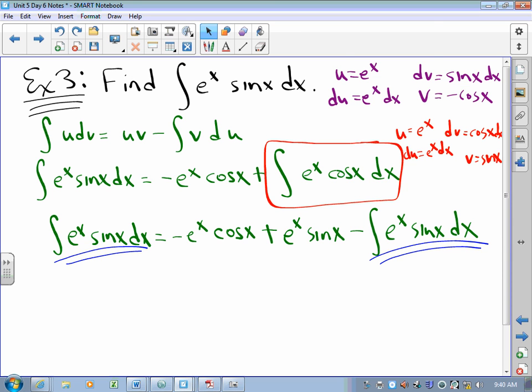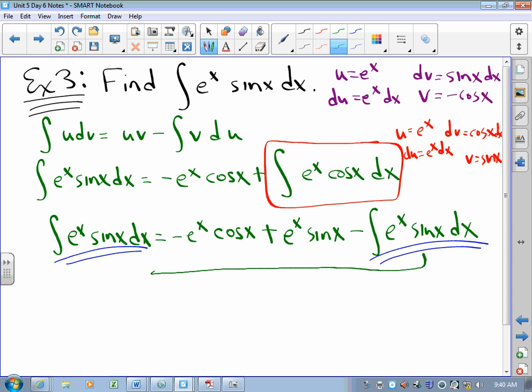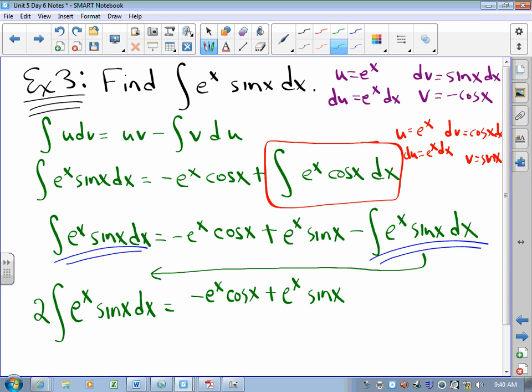And so that means that if I were to add this to the left side, my left side would be 2 integrals of e to the x sine x dx equal to negative e to the x cosine x plus e to the x sine x plus a constant.